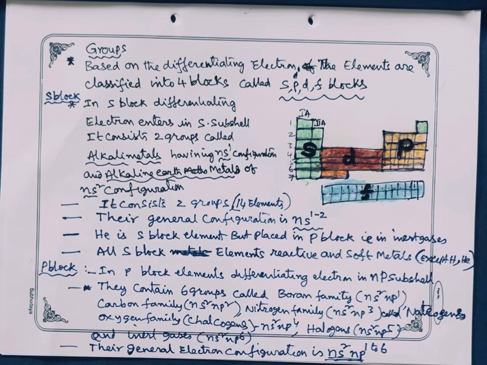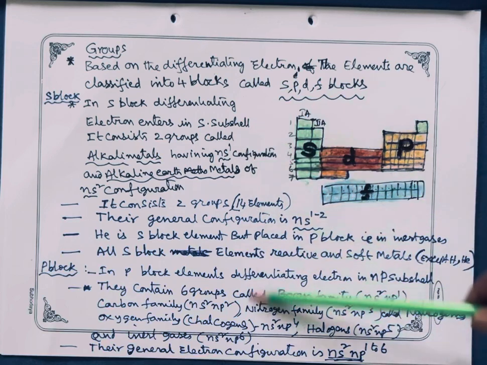If it enters the (n-1) d subshell, that means the penultimate d subshell, then it belongs to the d block. If the last electron, that is the differentiating electron, enters the (n-2) f orbital, where n is ultimate, n-1 is penultimate, and n-2 is antepenultimate, the f orbital of the antepenultimate shell, then that element belongs to the f block. In this way, these can be classified.